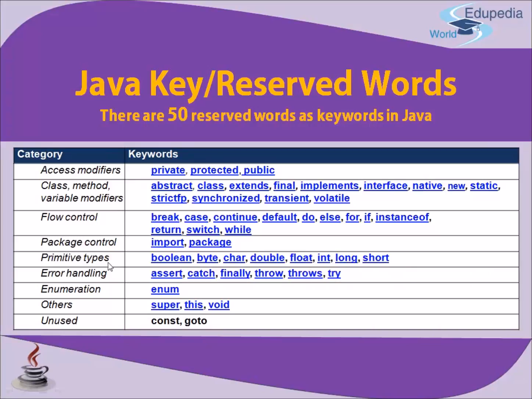Now next is error handling: assert, catch, finally, throw, throws and try. Or you can remember this: for error handling we have several keywords that include assert, catch, finally, throw, throws and try.